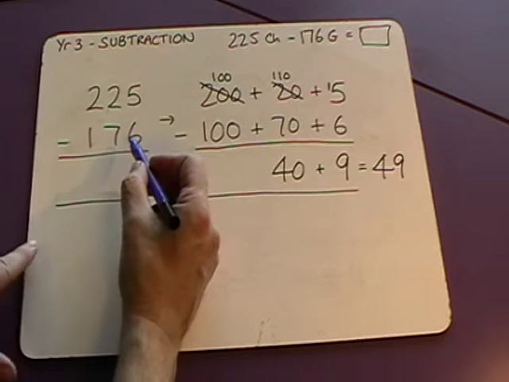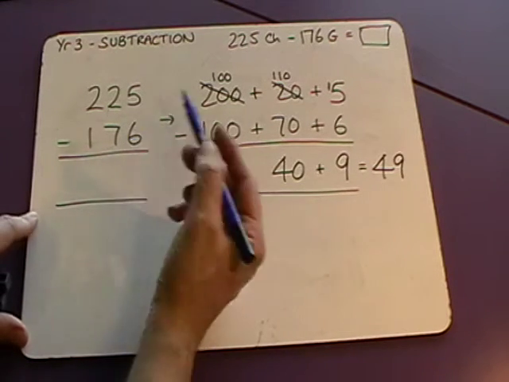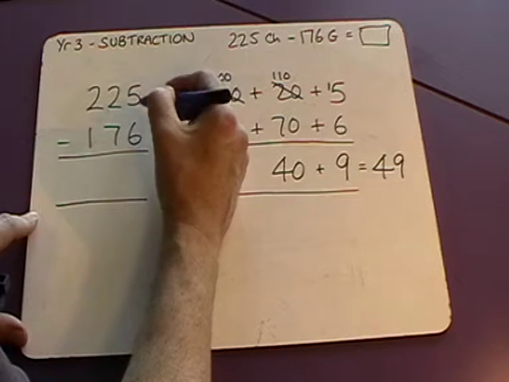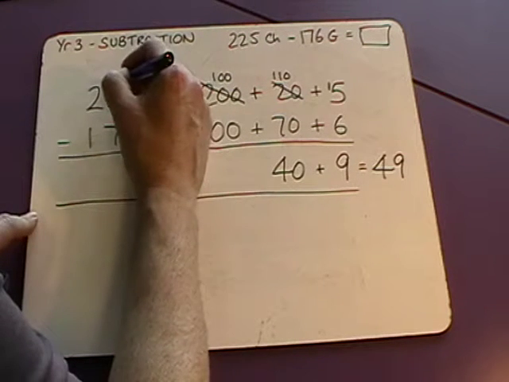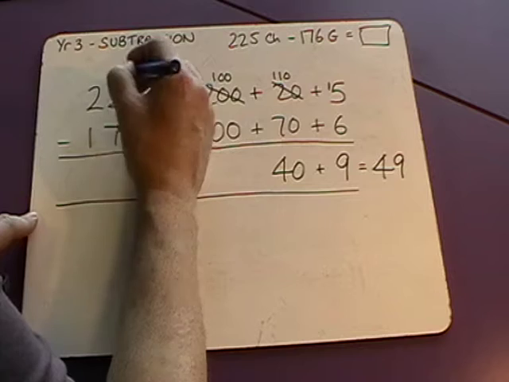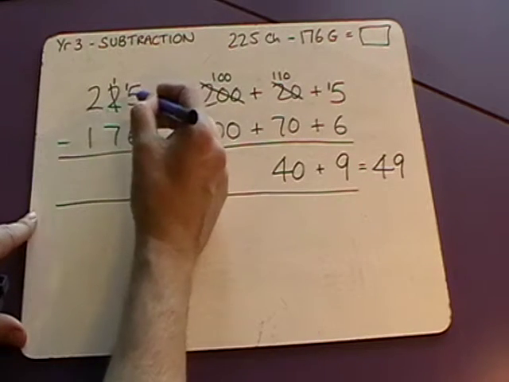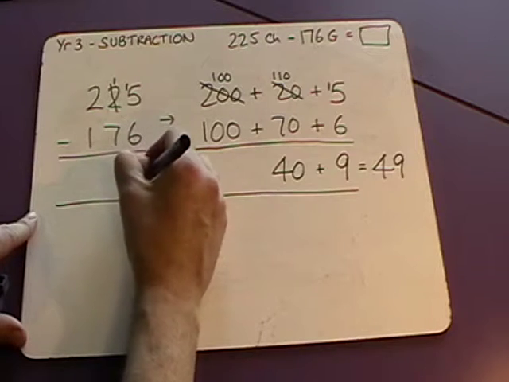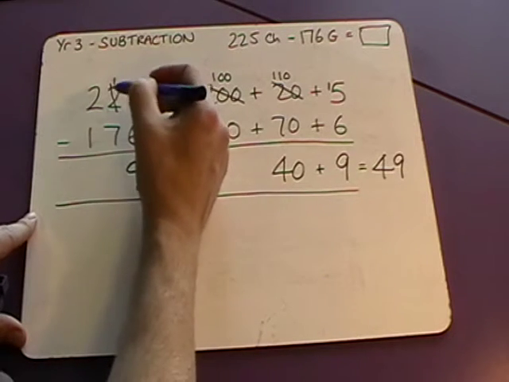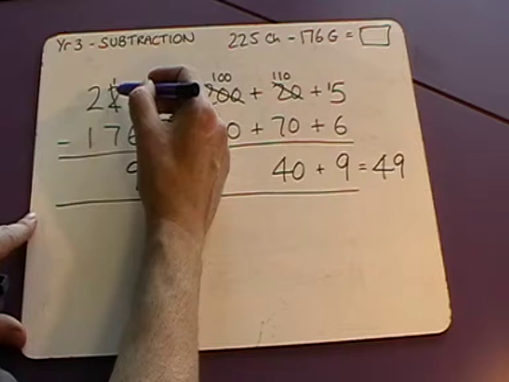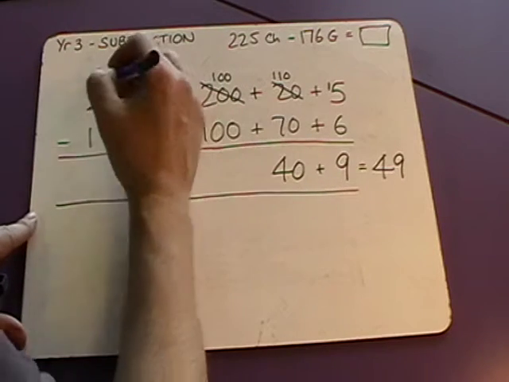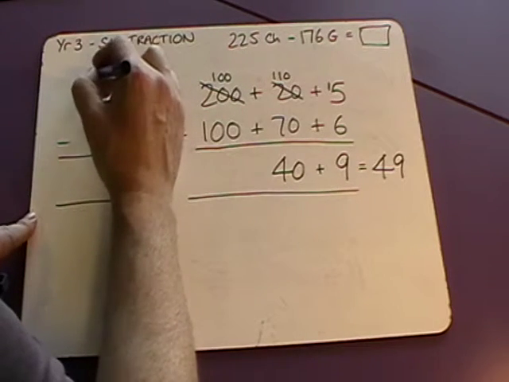How that's going to look here in the compact version is 5 subtract 6. We can't do that, so we borrow a 10 from here. It leaves us with 1 ten, and we put our 10 that we're borrowing there to make 15. 15 ones take away 6 ones is 9. And then we've got the same problem. We've only got 1 ten take away 7 tens, so we need to decompose 100.